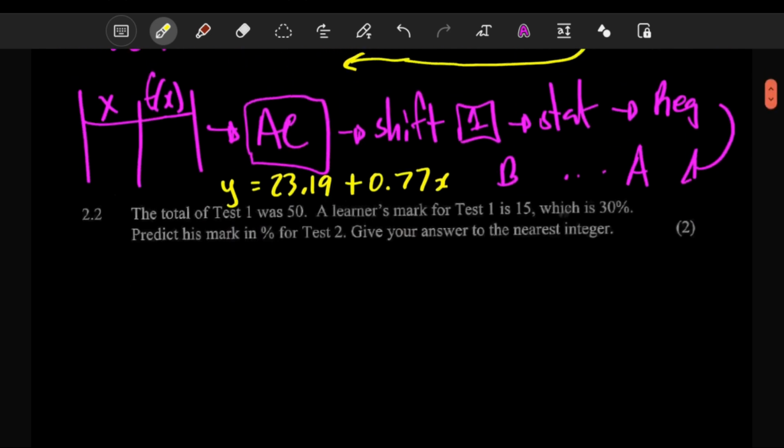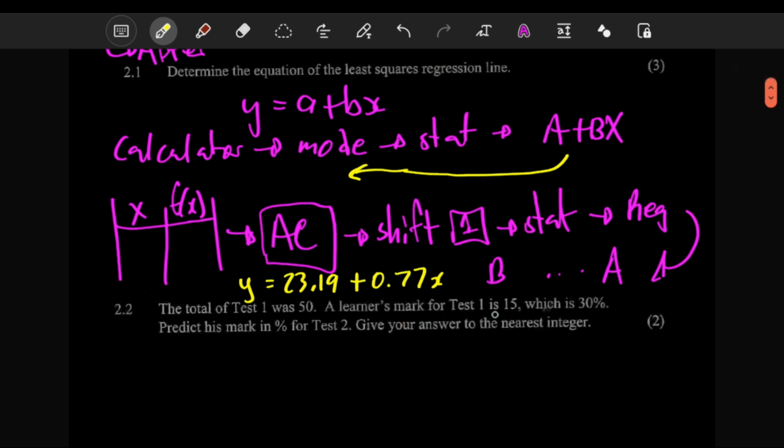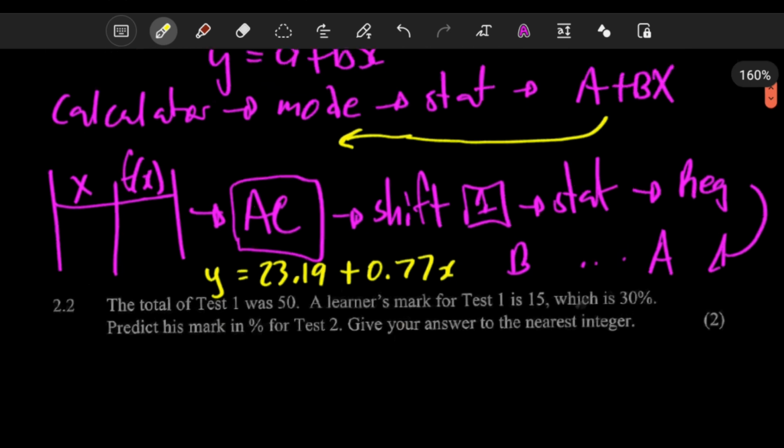Fantastic. The next one says the total of test 1 is 50, and the learner's mark for test 1 is 15, which is 30%.